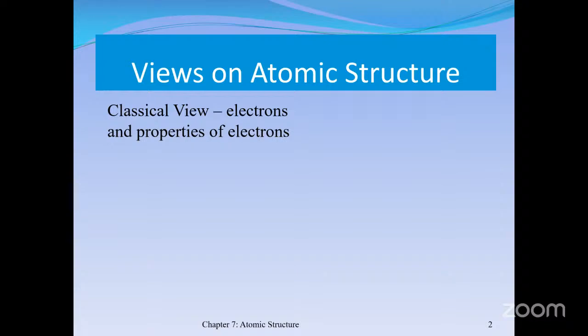Normal sized objects have their behavior governed by Newtonian laws, right? So they believed back then that atoms basically behave the same way, and not only atoms, but other small particles as well.